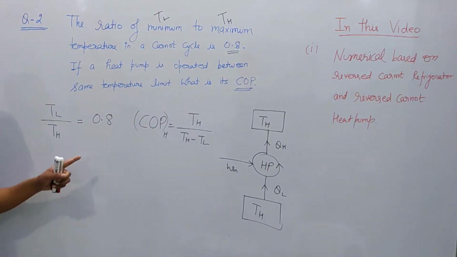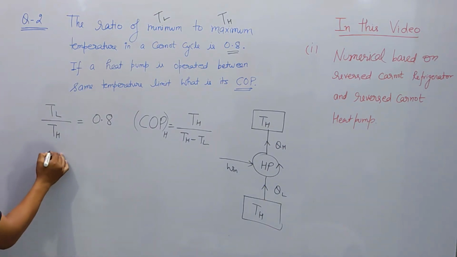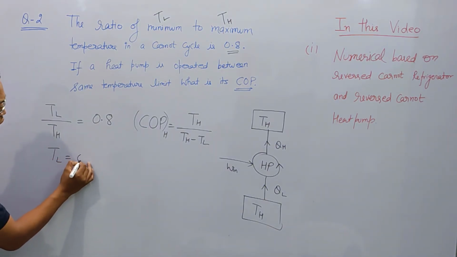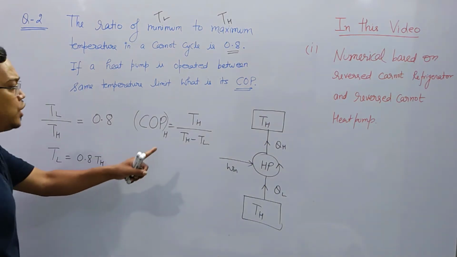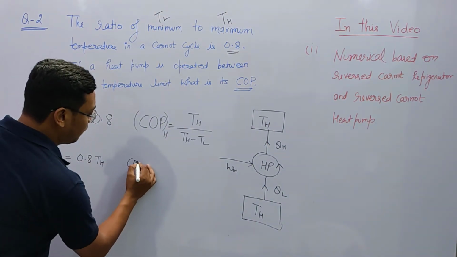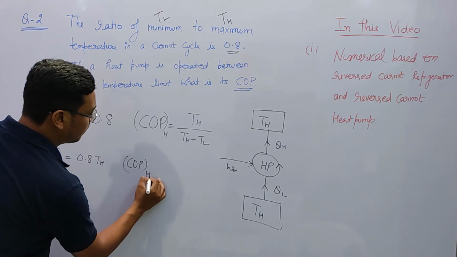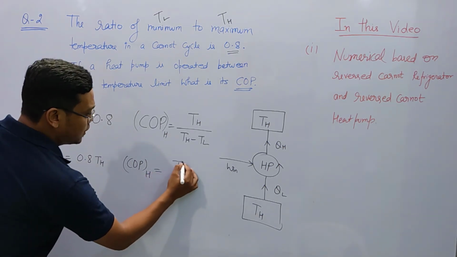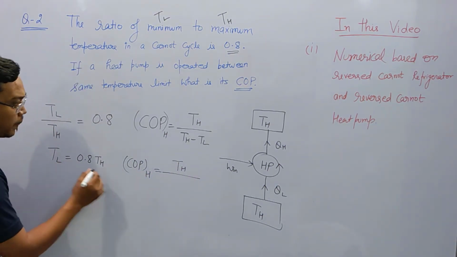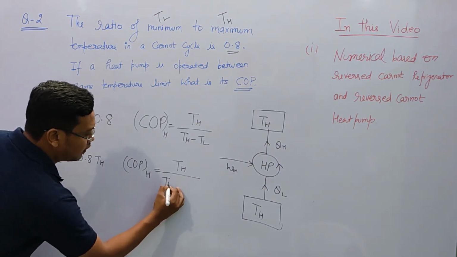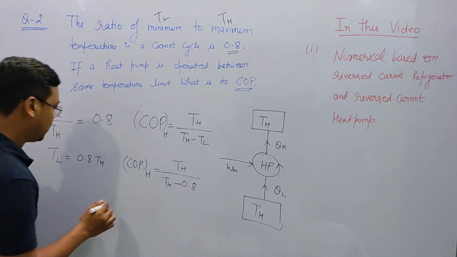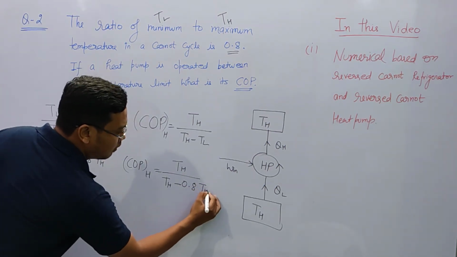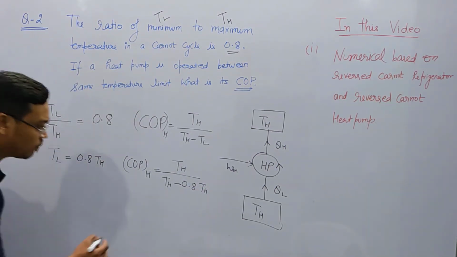Okay friends, now we will put the value here. TL is equal to 0.8 TH, we can write this. Now we will put the value of TL in COP of heat pump. This is TH divided by TH minus 0.8 TH. The value of TL we have put.